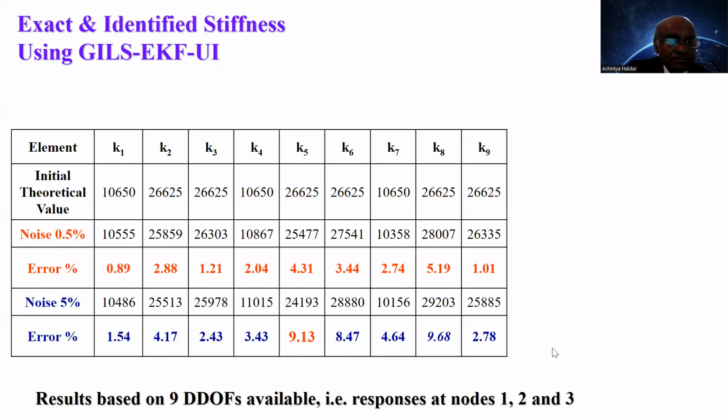And knowing that, we identified the stiffness parameters of all the elements, and the error is a little bit higher, but still less than 10%. But then when we added 5% noise to the computer generated response information, the error went up to 9%, approaching 10.